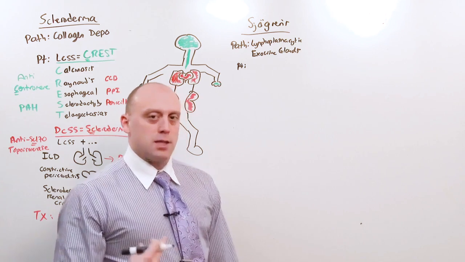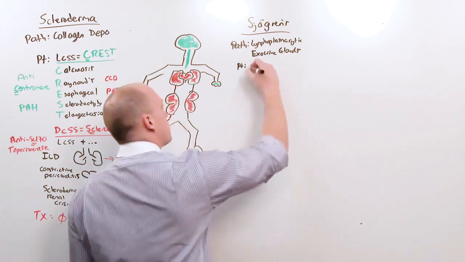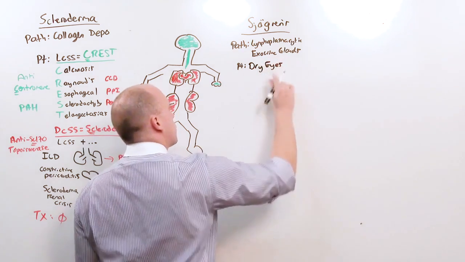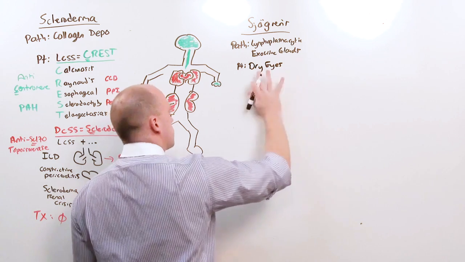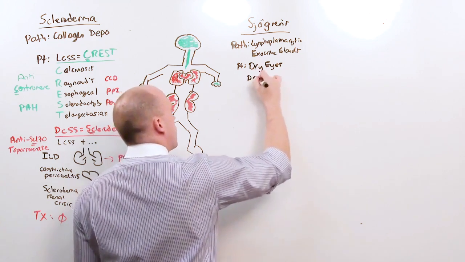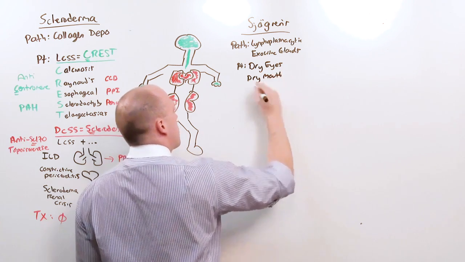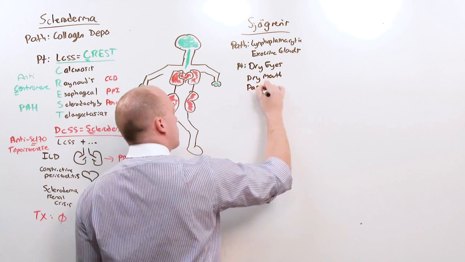There's three things that make up Sjogren's syndrome. Dry eyes, called keratoconjunctivitis sicca. Say dry eyes. Dry mouth, xerostomia. Say dry mouth. And parotid swelling.